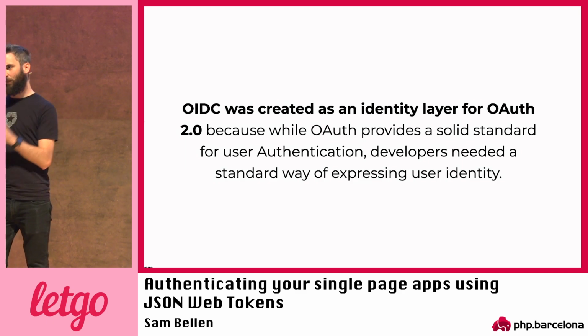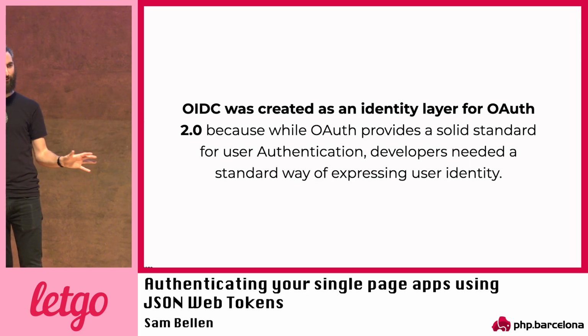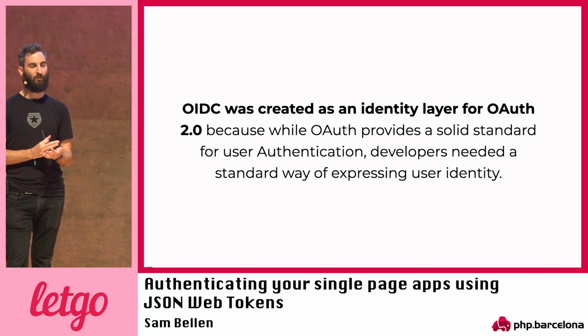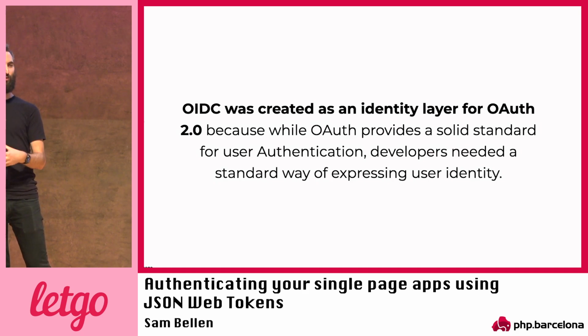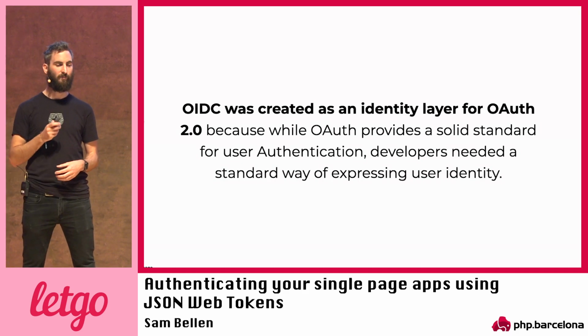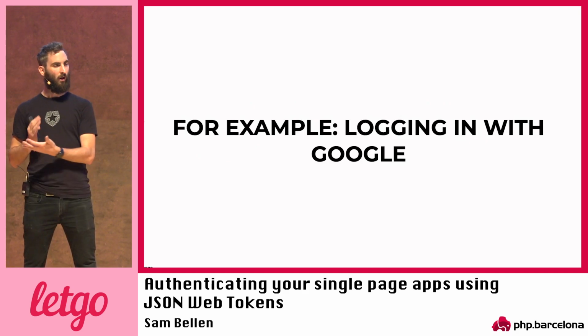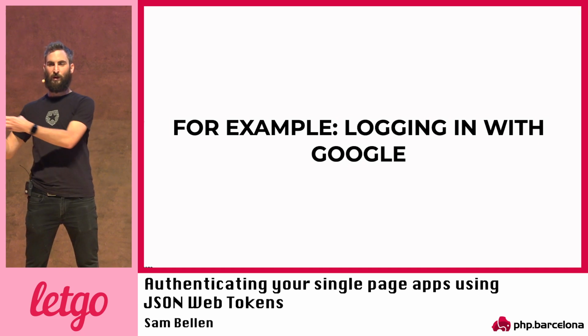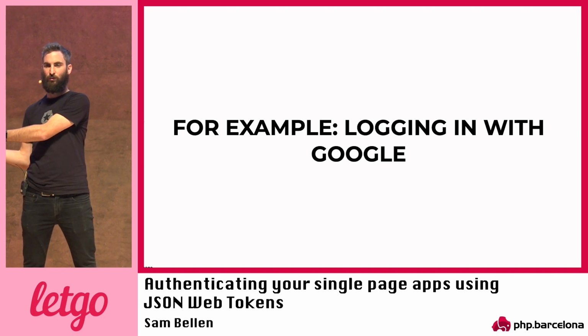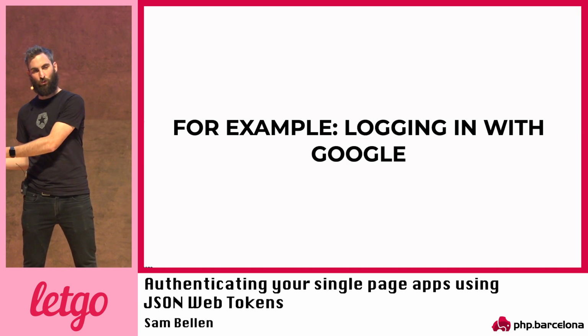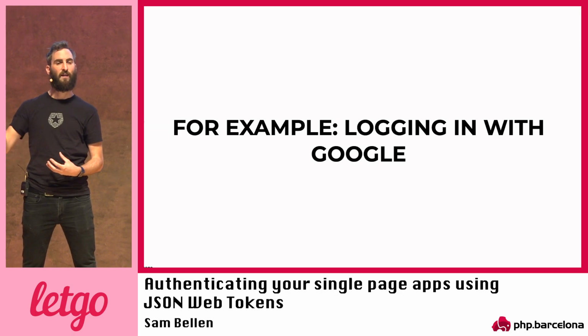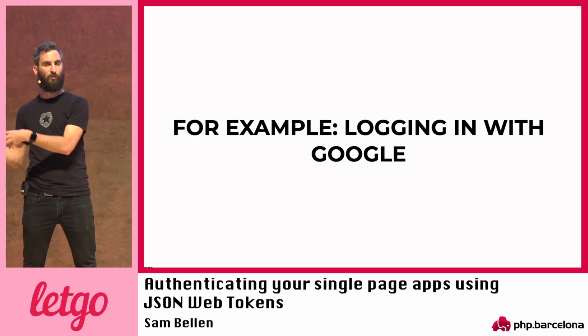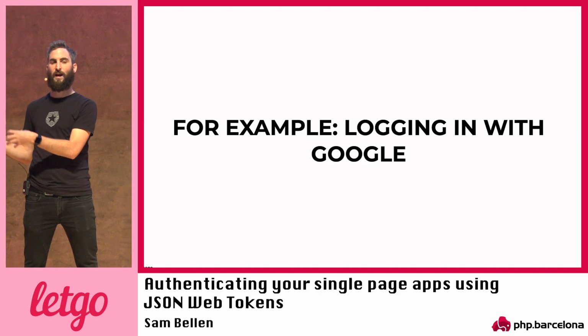You mainly just take OAuth 2.0, take all what's good in it, also all what's bad in it, but take all of it and just put an identity layer on top, which means that you're also going to issue an ID token, which you can use to work with the identity of the person that authenticated. For example, logging in with Google, instead of just requesting access to all of the contacts of your Google account, you're going to log in with Google. And you can also request access to things if you'd like to, but we're also going to request access to the identity Google has of us.